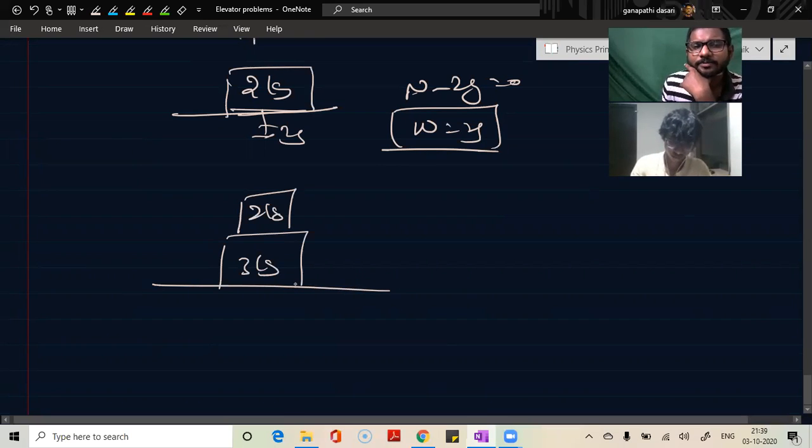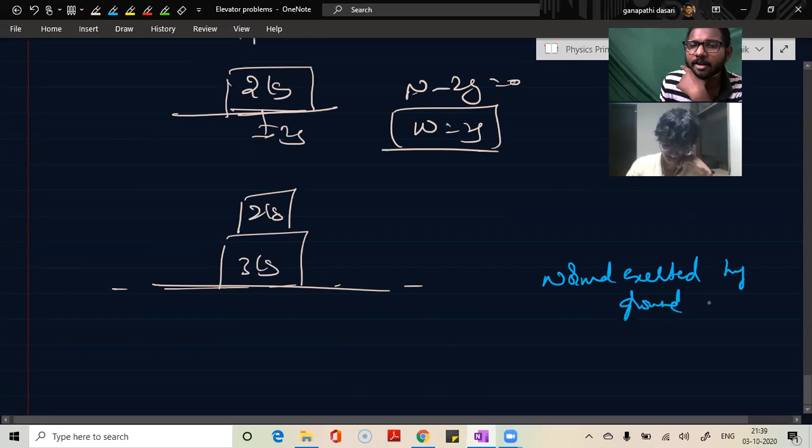Here you tell me the normal exerted by the ground on the 3 kg block, and the normal exerted by the 3 kg block on the 2 kg block.